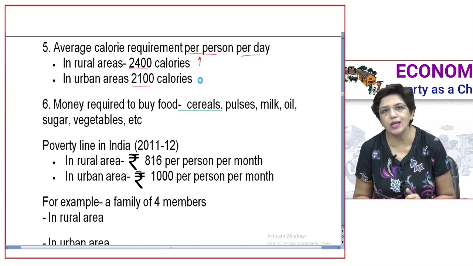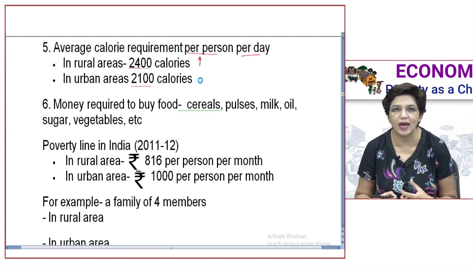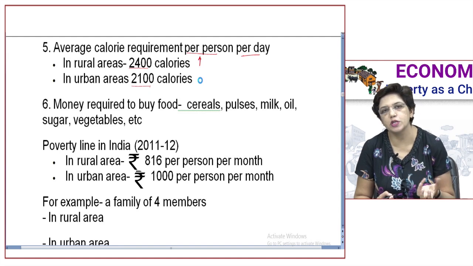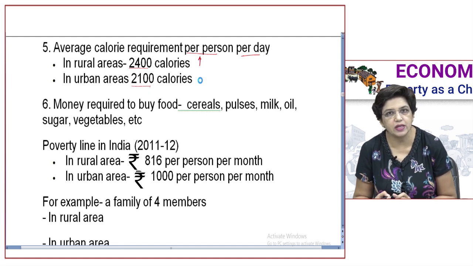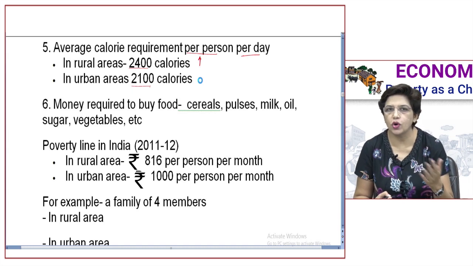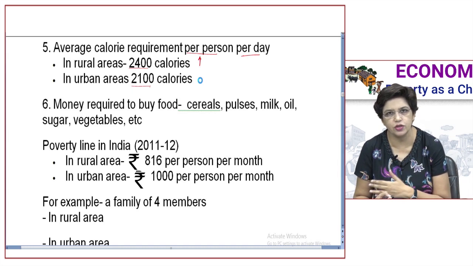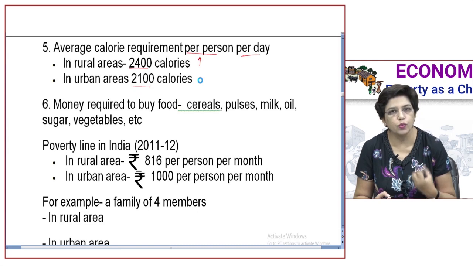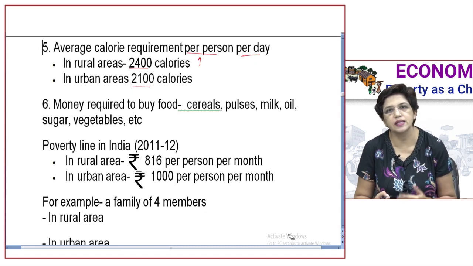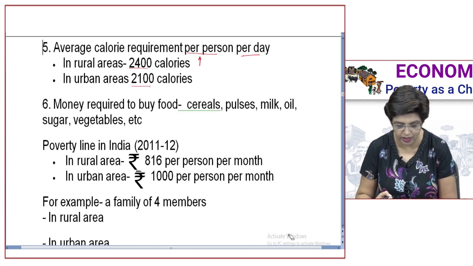The reason is in rural areas people have to do more manual work. So if there is more manual work, those persons need more calories. Like they have to walk a distance to collect water, or they have to walk to their field and fro. That is why the calorie requirement in rural areas is considered higher than in the urban areas.